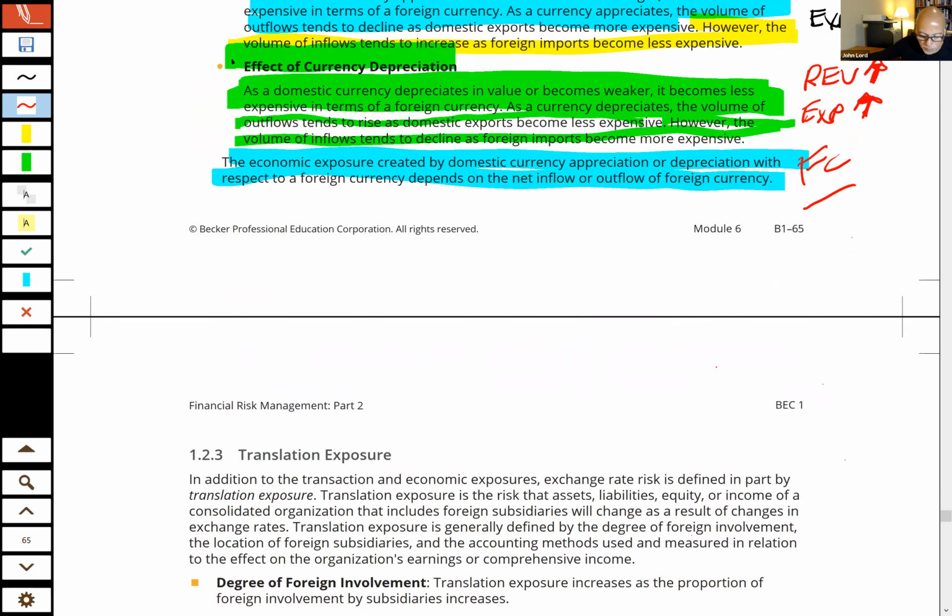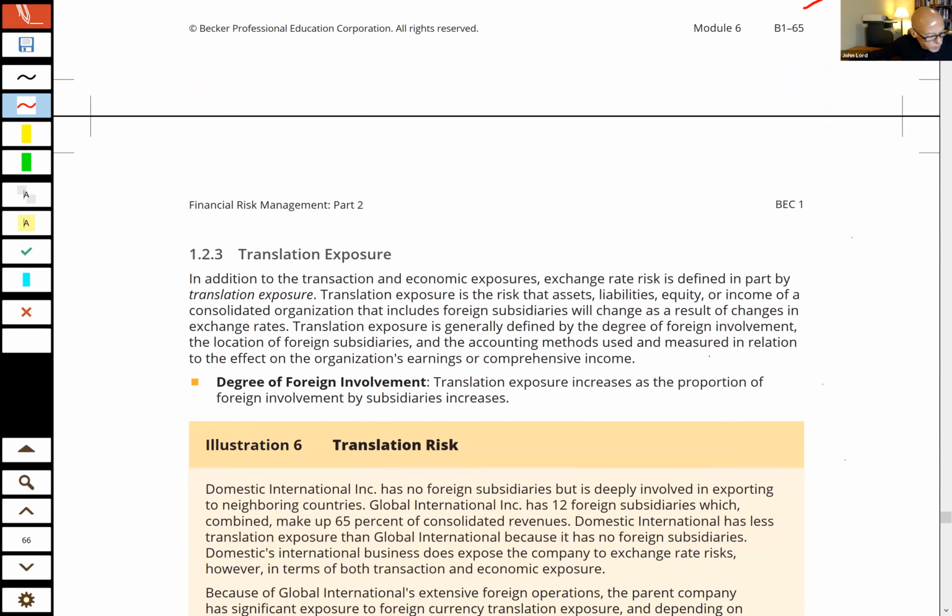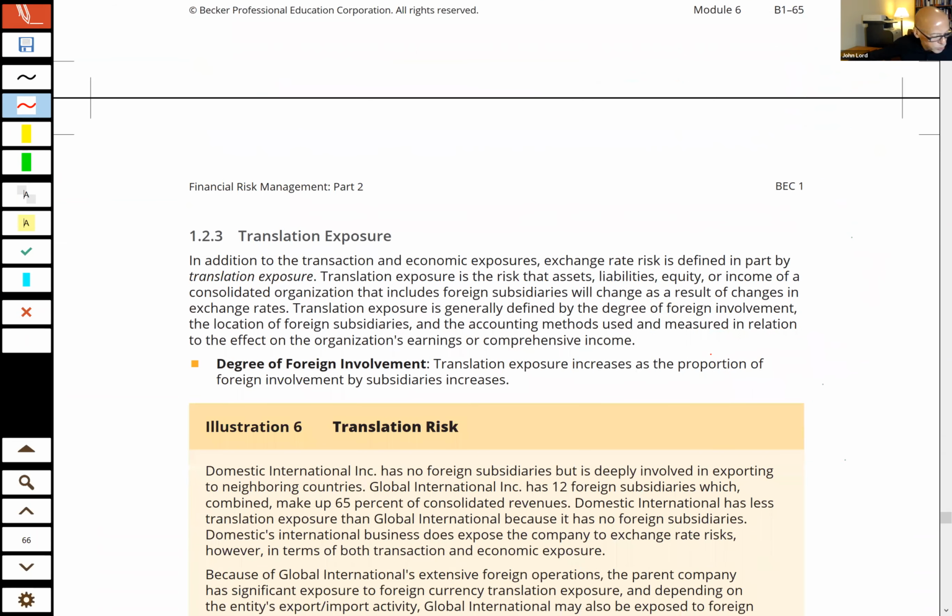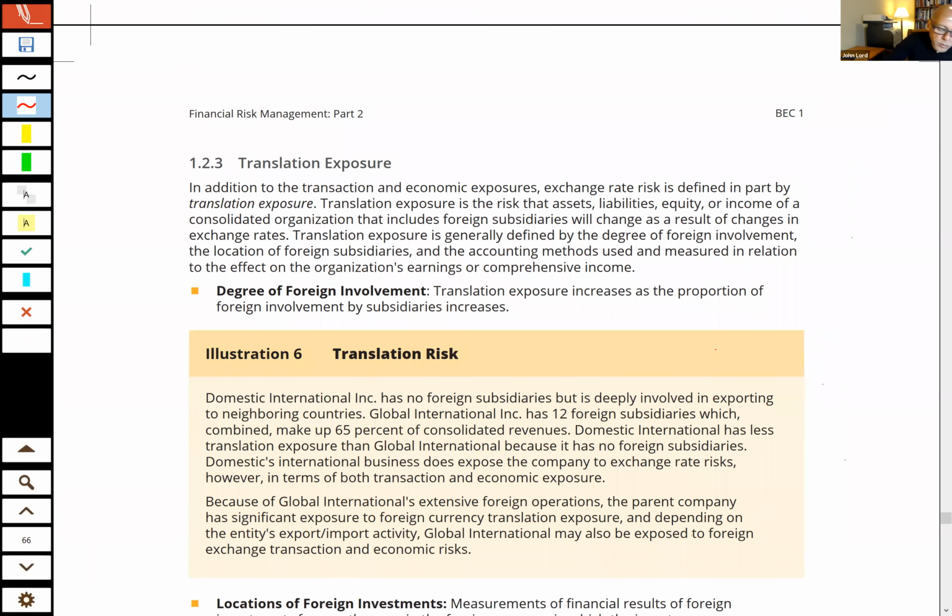Now you come over and let's take a look at translation exposure. Translation exposure really comes up because we have foreign subsidiaries. And when we have foreign subsidiaries, we're going to have to consolidate them into, say, the US parent's financial statements.